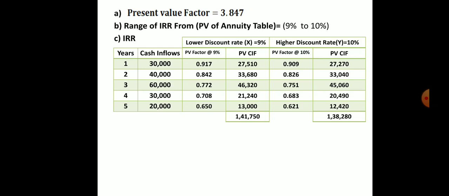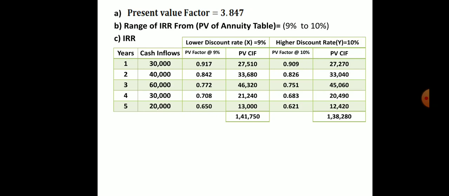One present value should be less than the initial investment and one should be more than the initial investment. At 9% it is 1,41,750, which is more than the actual investment of 1,38,500.